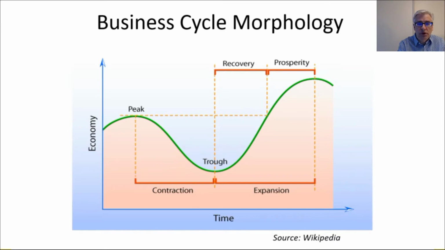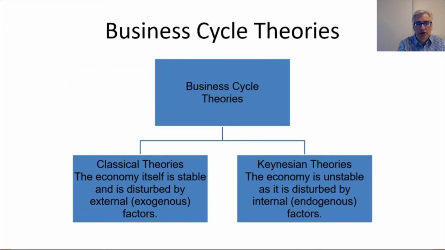In the previous video, I presented you some classical theories about business cycles. The major assumption behind them was that economy itself is stable and business cycles are products of some exogenous factors. Keynesian theories, starting with the original theory developed by Keynes himself, are all based on the idea that economy is unstable as such.